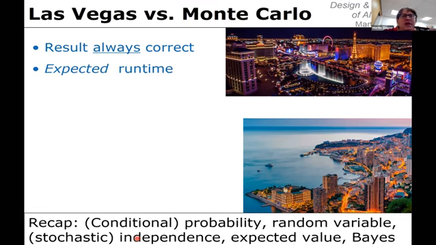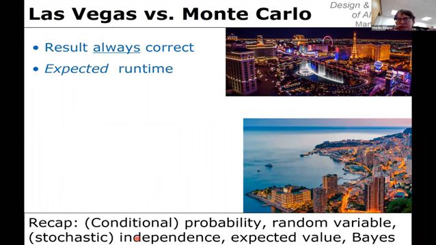but it is the runtime that is now random, a random variable, and therefore we will be interested in the expected running time, the expected value of this random variable, and in the variance of this runtime. Right?